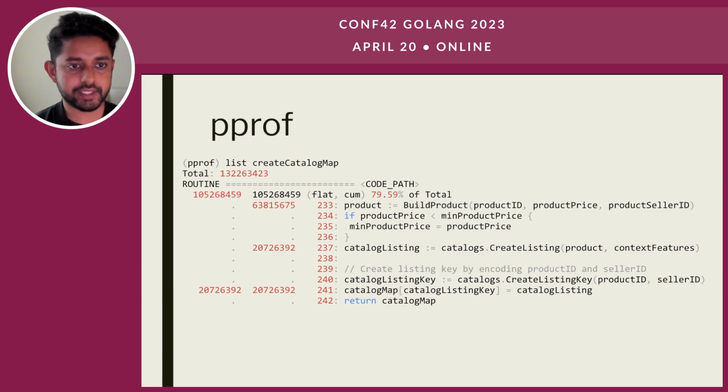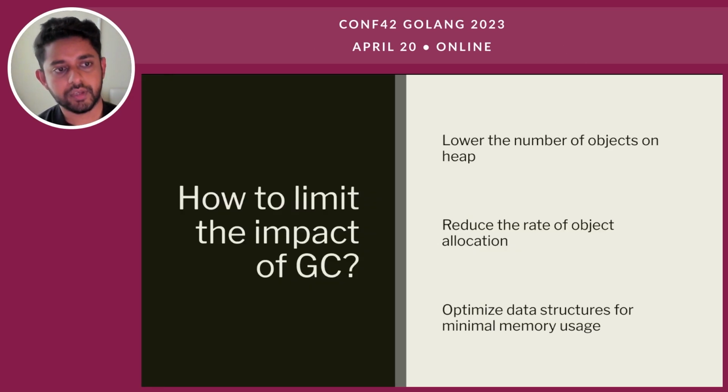So here you can see that lines 233 and 237 create a lot of new objects, which results in a large number of heap allocations. And then line 241, surprisingly, is not actually creating new objects, but it's adding all those objects to a map, which is also causing a large number of heap allocations. So that looks a little suspicious. We'll come back to that in a second.